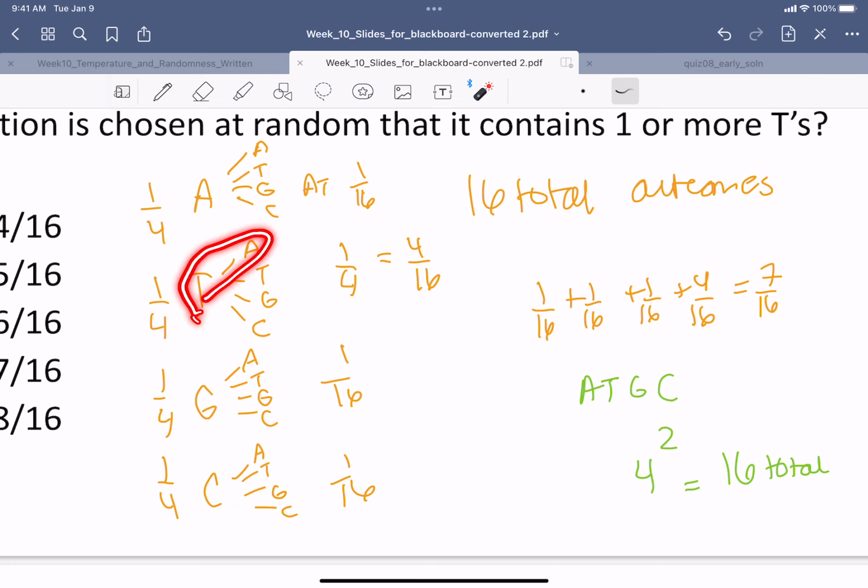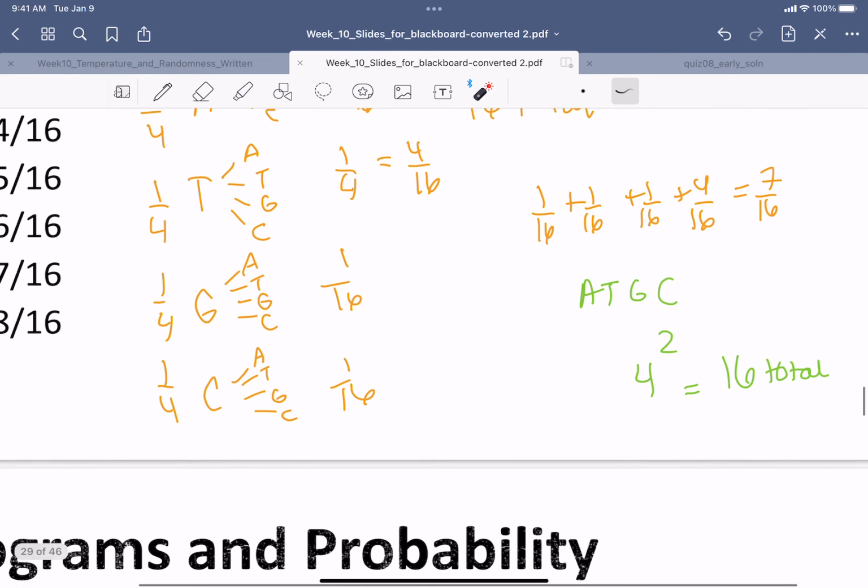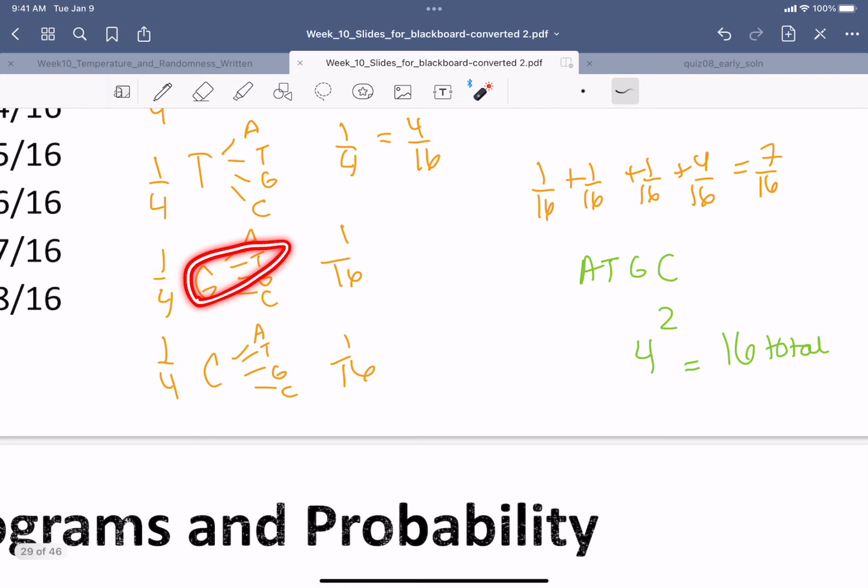There's TA, TT, TG, and TC. They all have one or more T's. TA has one T, TT has two, TG has one, TC has one. So 4 out of 16 in this section have one or more T's. Here, only GT has one or more T's, which is 1 out of 16.